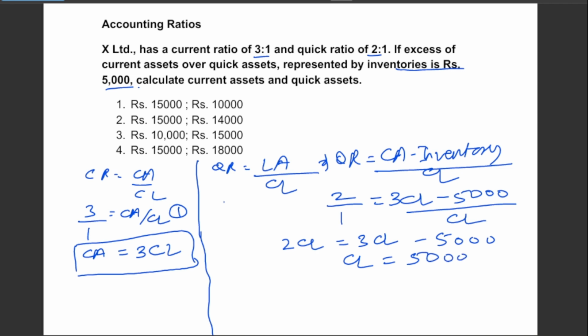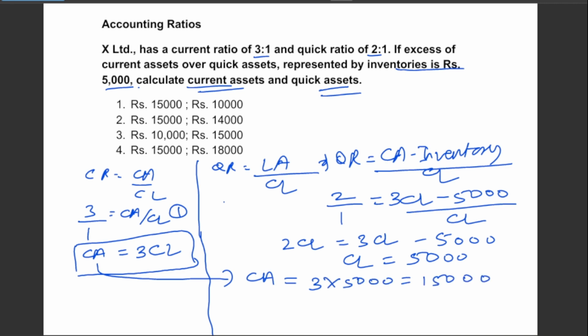Now we have to calculate current assets and quick assets. Current assets is 3 times current liability. So current assets are 15,000. And quick assets or liquid asset is equal to current asset minus inventory.